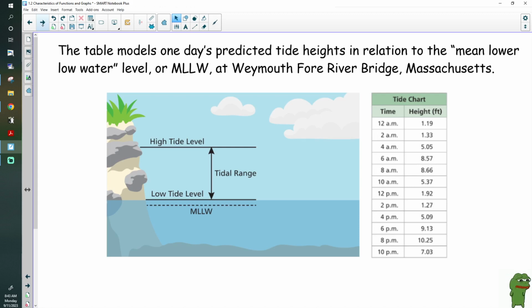Here is the water, and as you know, our oceans have tides, and during different times of the day, the water level will change significantly. Someday it may come all the way up to the houses, and later in the day it might be 200 yards back, and you can walk all the way out to it. Water comes in and out throughout the day.